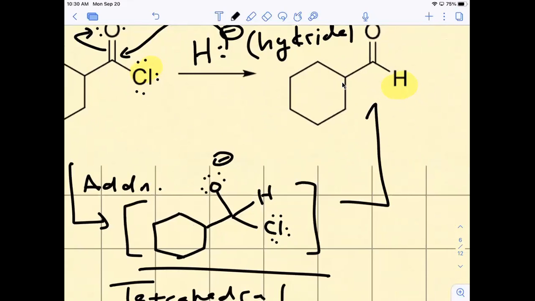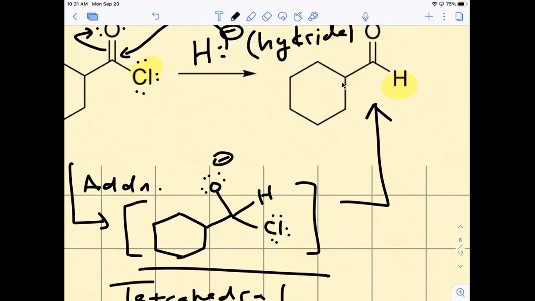Now, if I wanted to get here, what do I need to do? There's two things I'm going to have to do in order to get to that product. I want to keep the hydrogen. What do I need to do to get to that product? Eliminate the chlorine. Get rid of chlorine. And what else do I need to do?